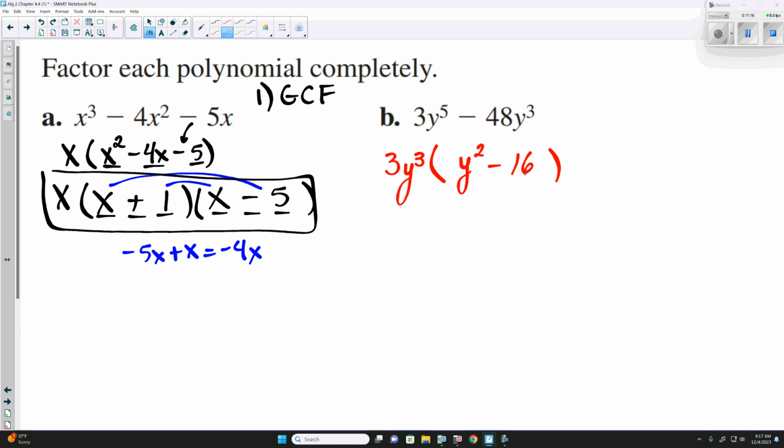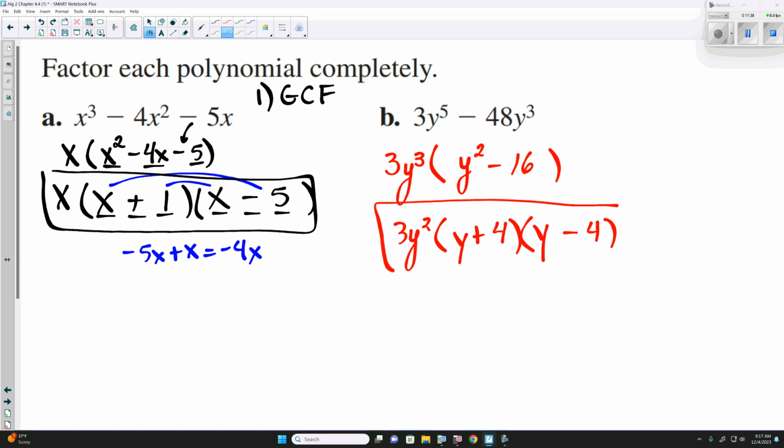It's our a plus b and a minus b. So we'll still have our 3 out front. We'll have plus and minus. And our term that squares to give us y squared would be y, so we'd have y and y. And our number that squares to give us 16 is 4 and 4.